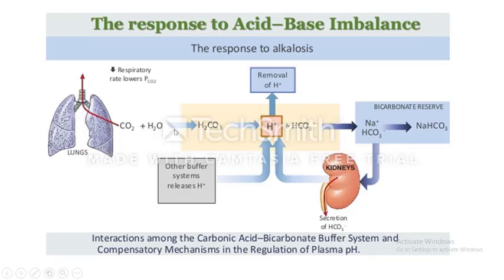Carbon dioxide and water together make acid, and this acid reacts with bicarbonates and takes them from the blood, and they go to the reservoir as well as to the kidney for removal. So this is the way the kidneys and the lungs work together to overcome alkalosis.